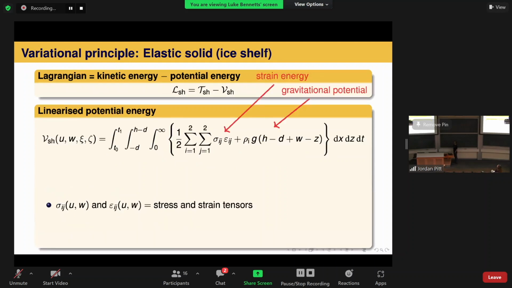And then we get to the potential energy. It's a lot more challenging. What we have here is a volume integral, and we're summing the strain energy density. That involves stresses and strains, sigma and epsilon, respectively. And it also involves the gravitational potential.